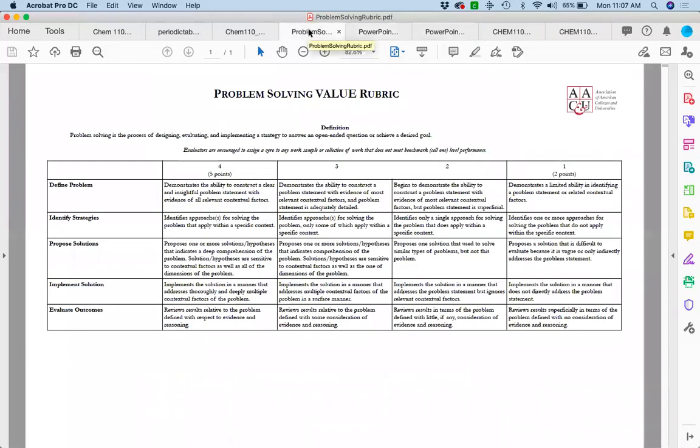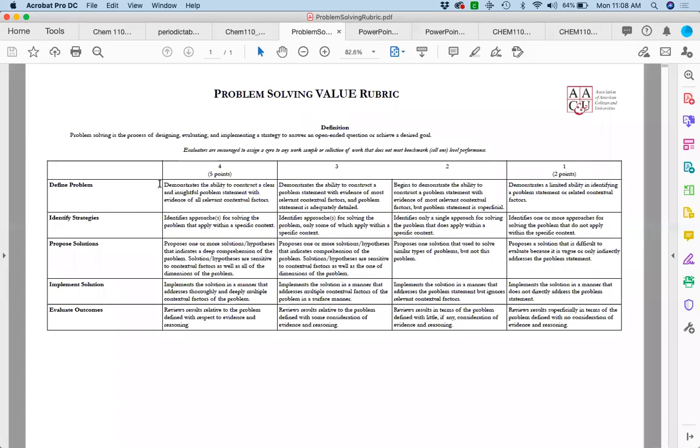And then the other piece that I want you to be able to see is the rubric that we're going to be using. So I've attached that to the email. You already have access to this rubric. This is how I score you. Notice each of these, you have a total of 5 possible overall points per segment. Typically, defining the problem is something that I have done for you, and then you're using that information to do each of these 4 things.